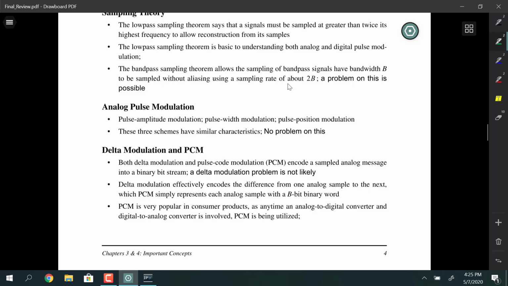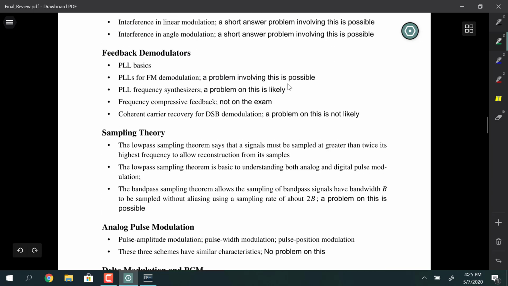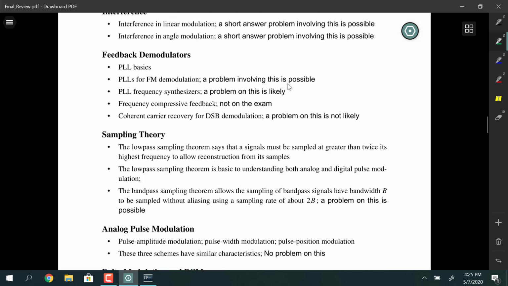That's an assured thing. What I'm most likely to do, though, is take something that's not likely and make it will not be on the exam. I'm also likely to say something that is problem on this is likely, or problem on this is certain.